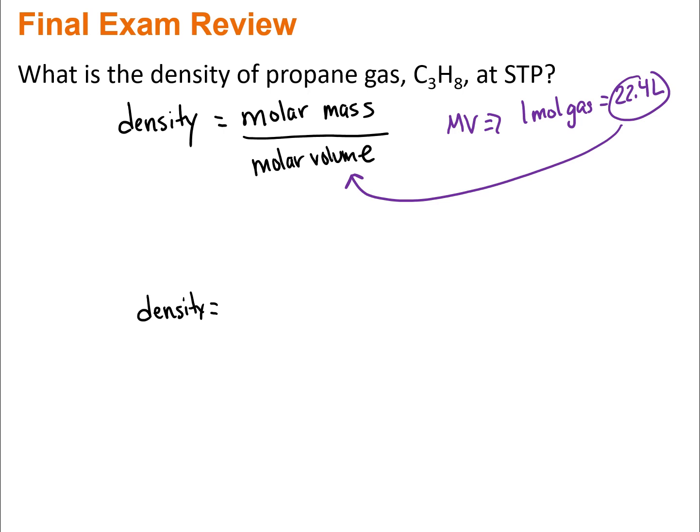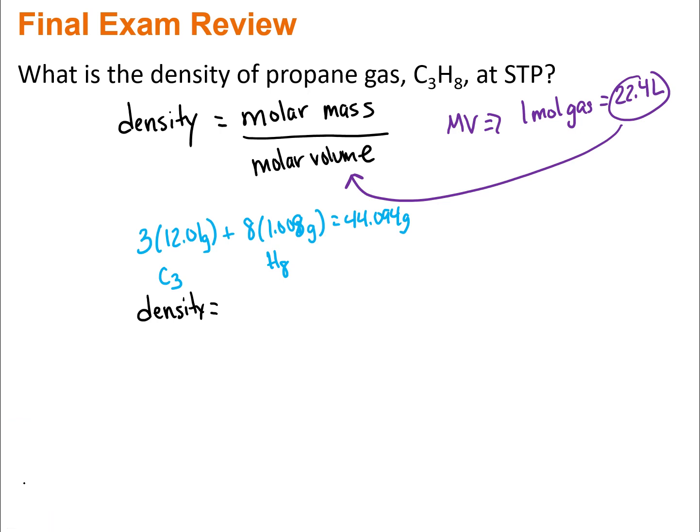We need to figure out the molar mass of propane. There are 3 carbons and there are 8 hydrogens. You add those together and that's the molar mass.